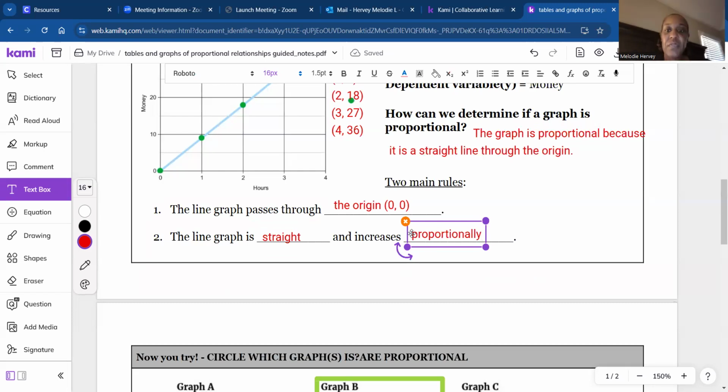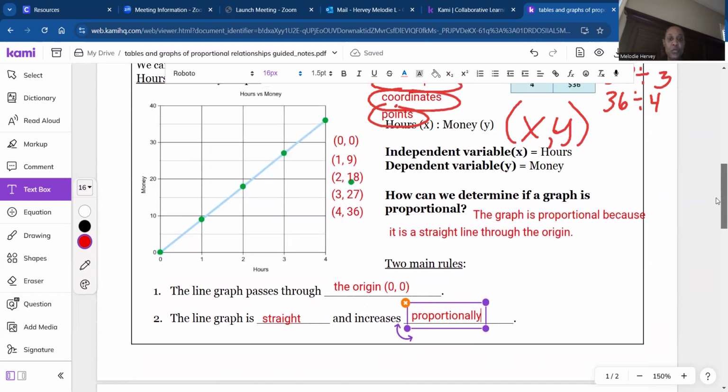That's how it is. So when we say straight line, the straight line has to increase proportionally. What do we mean by proportionally? In this case, as the hours are increasing, so is the money increasing. And this shows that it's increasing proportionally.